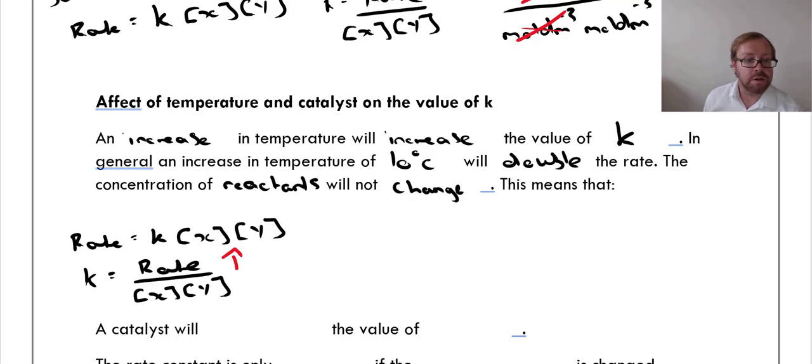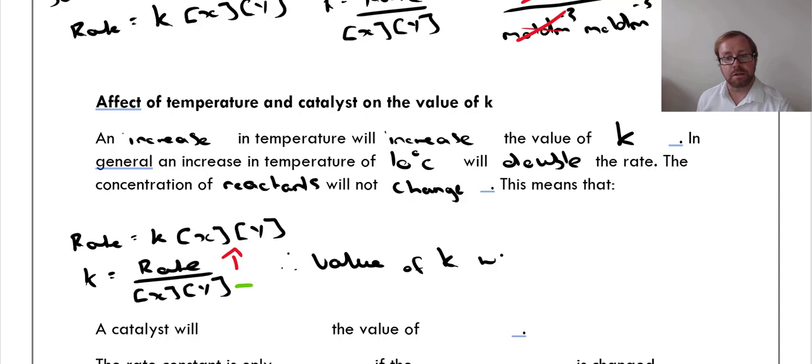My concentration is going to stay the same, X and Y. Therefore, I'm dividing a bigger number here by the same number here, which means that my value of K will increase. Hope that makes sense.